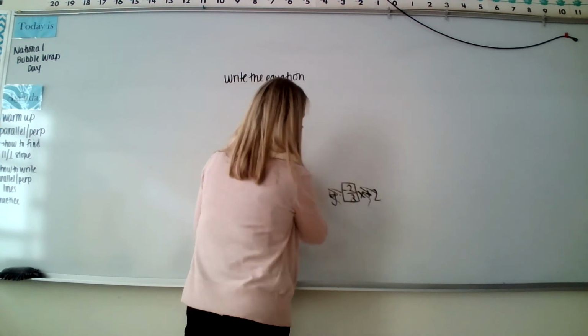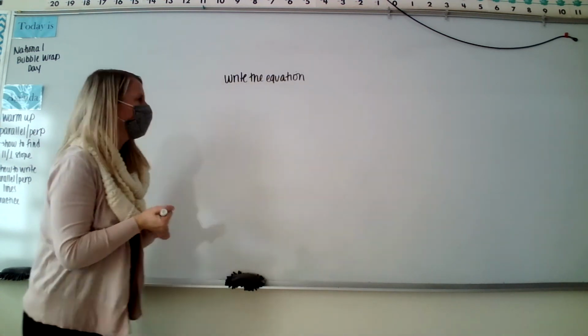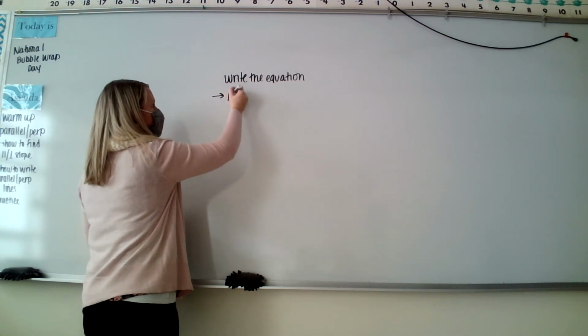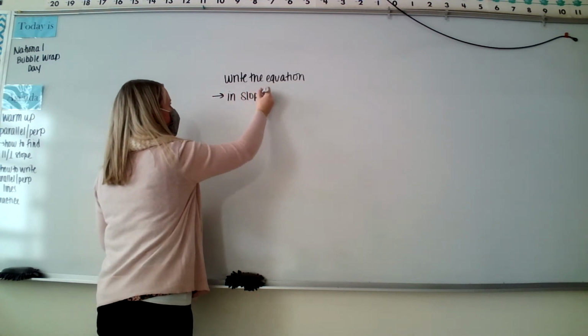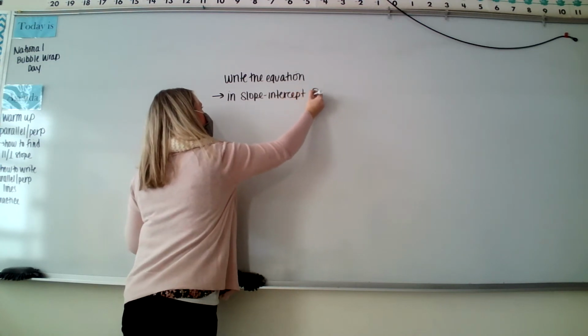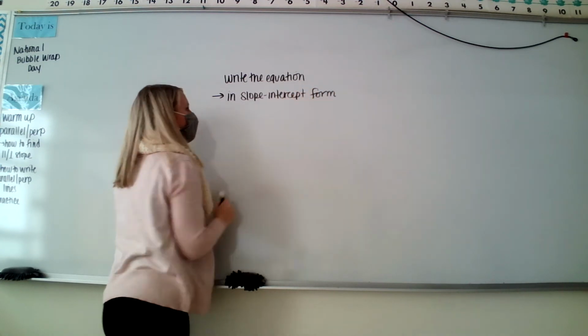Second problem, so just one of each type. So that's a good review on a Monday. This one I'm going to say I want it in slope-intercept form. Okay.